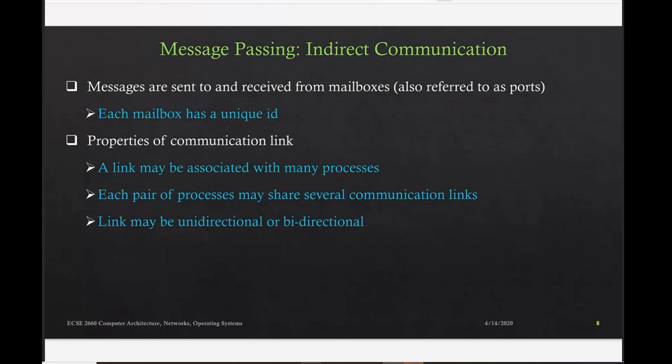So what are some of the properties of indirect communication? A link may be associated with many processes because as long as they have the information of the shared mailbox, they can communicate. So many processes can communicate now. Each pair of processes may share several communication lines, not just one, but you can have more than one communication line between each pair of processes. Again, as before, links may be unidirectional or bidirectional.